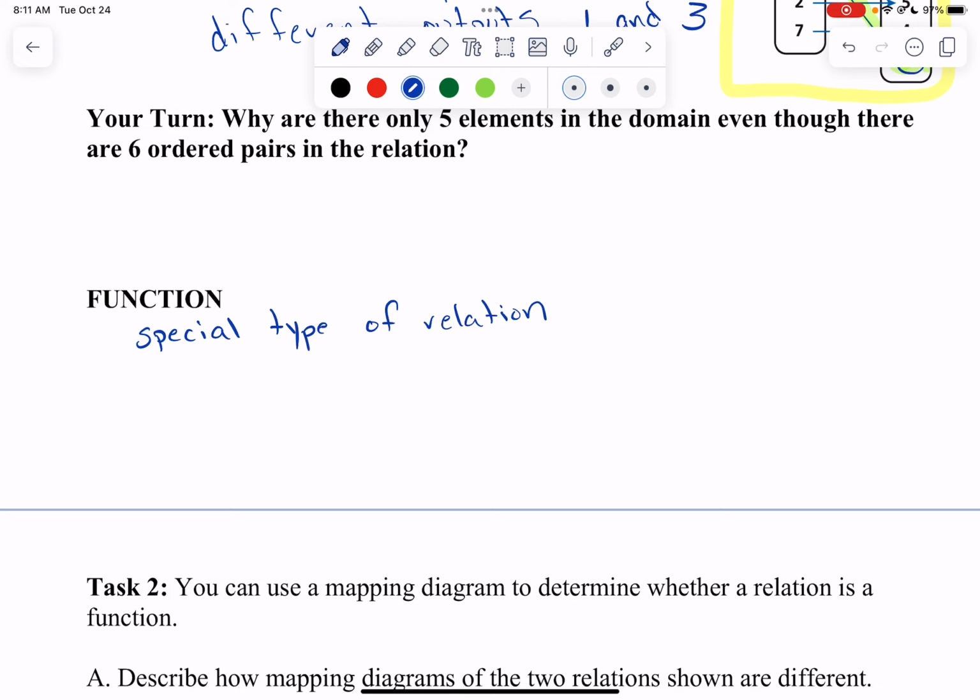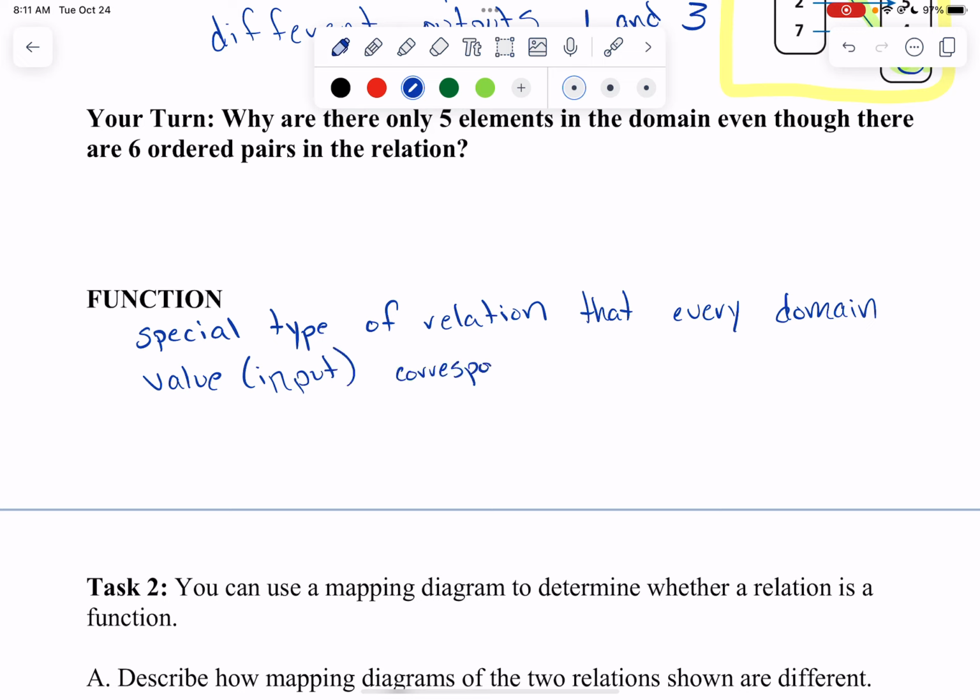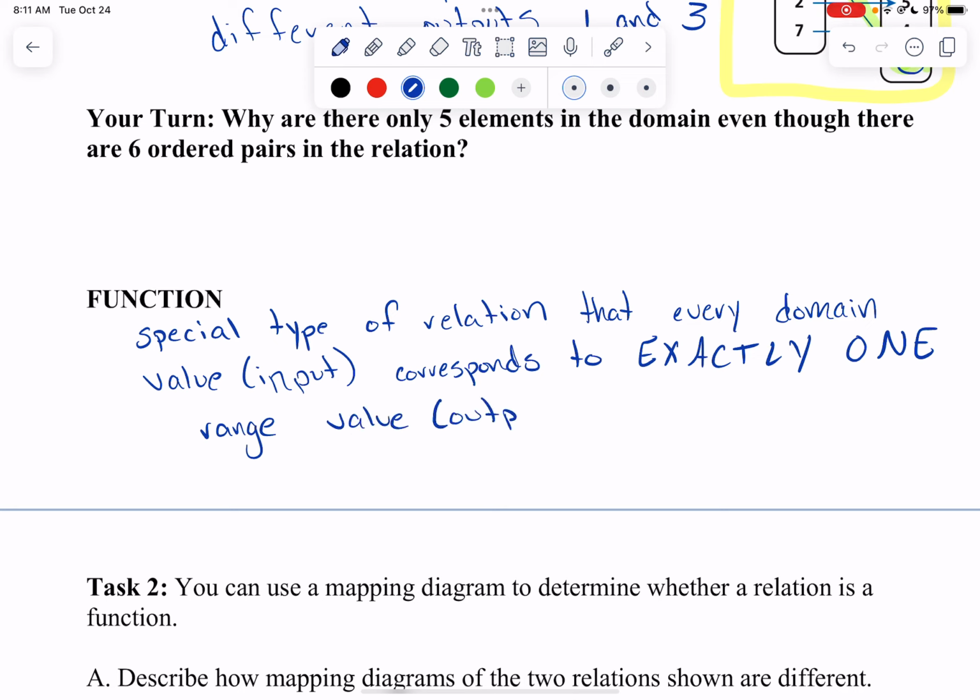So a function is just a relation where every domain value, again, our domain values are those inputs, corresponds to exactly, and I'm going to put that in bold, exactly 1 range value or output. Every input goes to only 1 output.